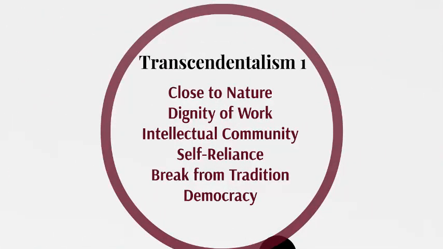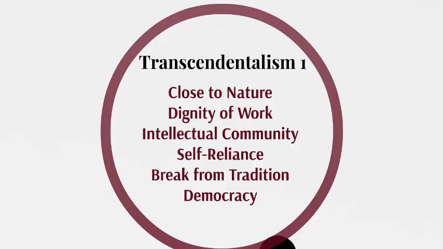Transcendentalism, very briefly. Transcendentalists wanted to get close to nature. Emerson, there you go. Dignity of work. Louisa May Alcott was a writer early on. She celebrated the work of all people. Intellectual community. The Transcendentalists in Concord would get together and talk. Self-reliance.